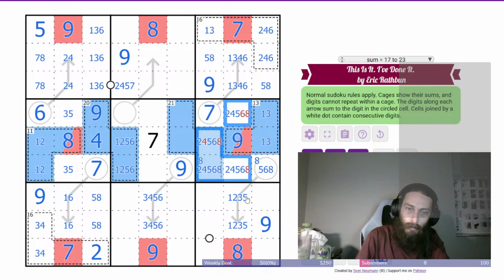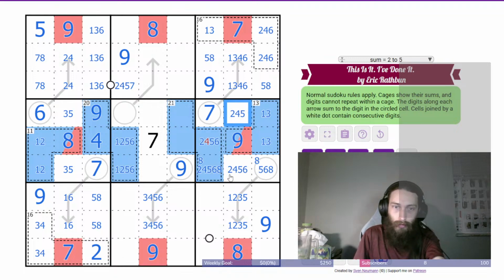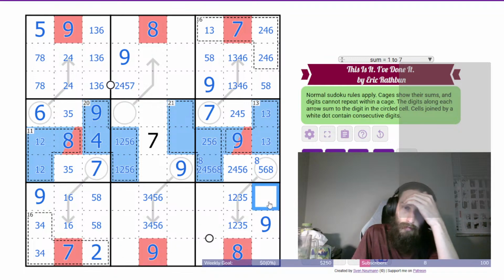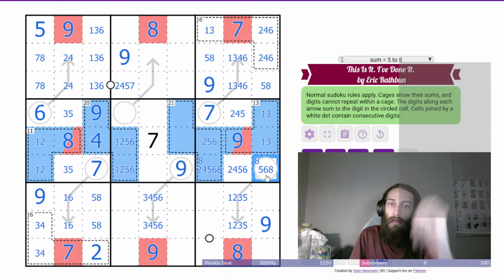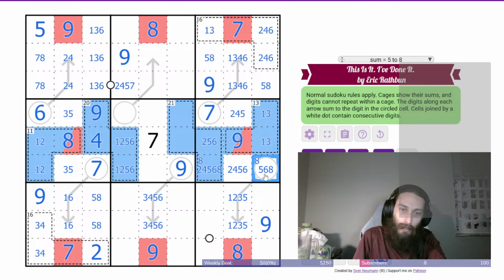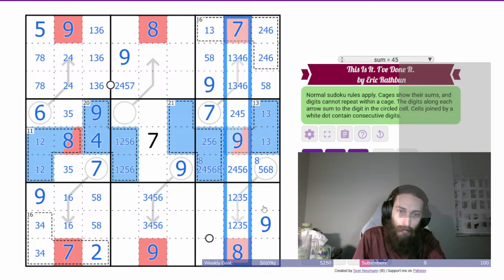1, 3, 7, 9. One of these is 8. One isn't a 6, and this isn't a 4. And again, if this was a 5, where would I put 5 in this column? I can't do 2, 5 here. That's a 7.